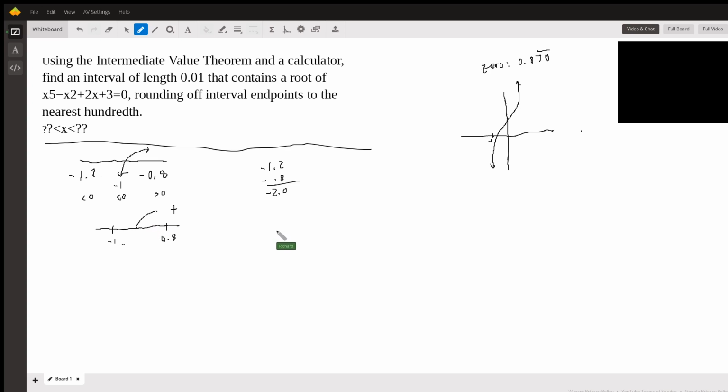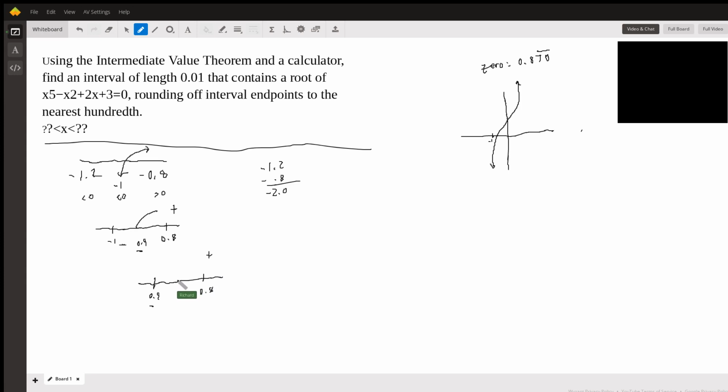So now we just have to test the midpoint here, which is going to be -0.9. And when I put -0.9 into my calculator, I get a negative value. So that means the next interval of interest is going to be -0.9 to -0.8, because at -0.9 it's negative, and at -0.8 it's positive.